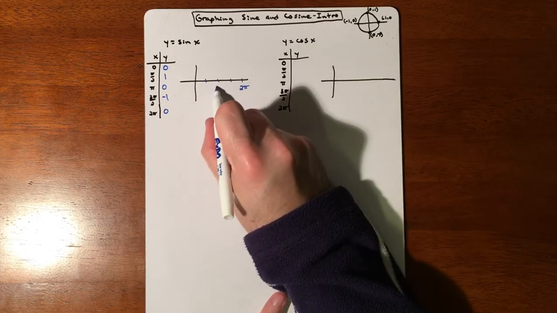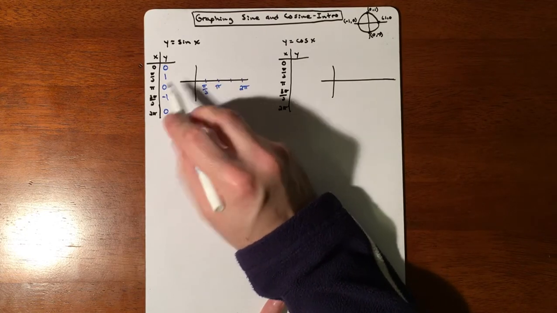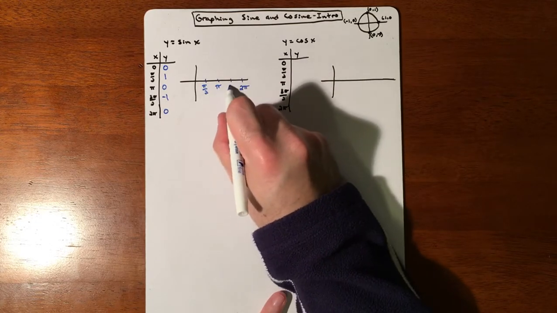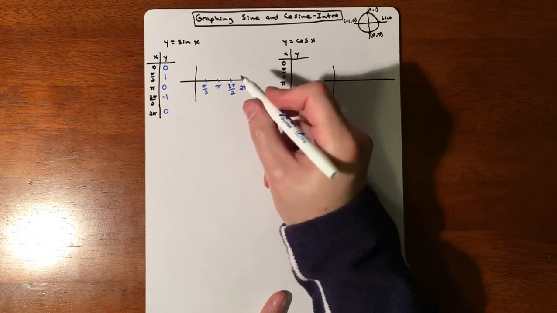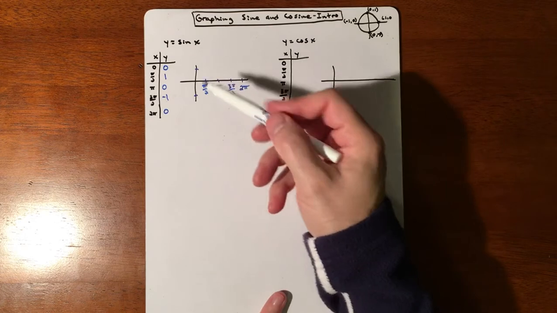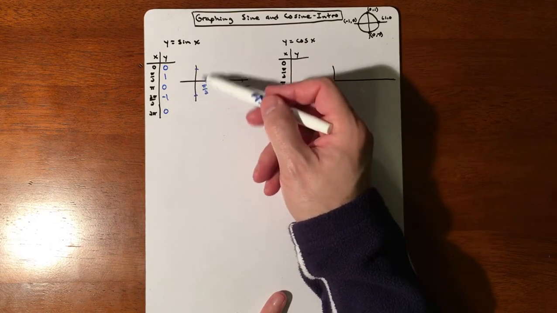If I cut that in half, that'll be pi, and if I cut that in half, that'll be pi over 2, which works out to this scale perfectly. So 1 pi over 2, 2 pi over 2, 3 pi over 2. If I plot these points, the sine and cosine graphs are going to fluctuate between -1 and +1. Those are going to be the highs and the lows.